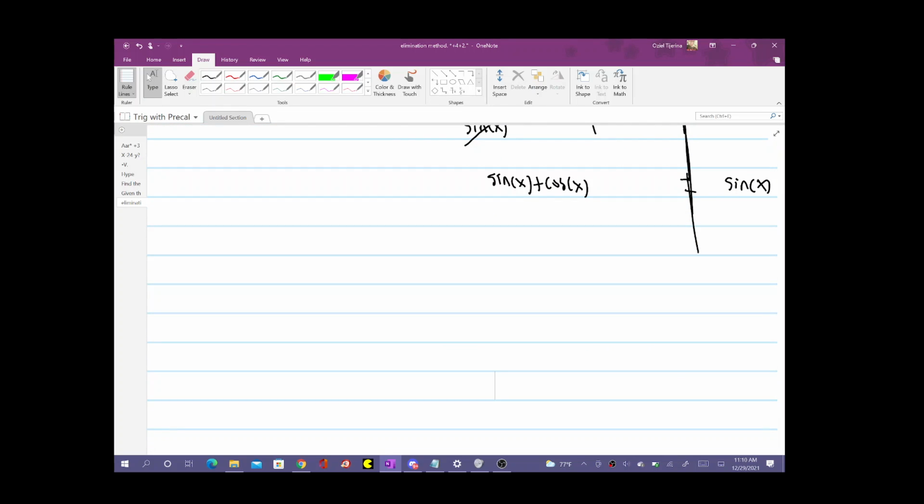The only ones that you can't really simplify any further are sine and cosine. I mean, you can if you do like sine squared of x, you can do double angle identities, but we're not going to get into that for now.